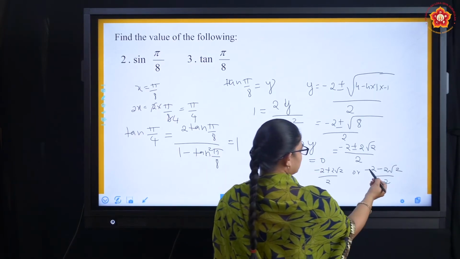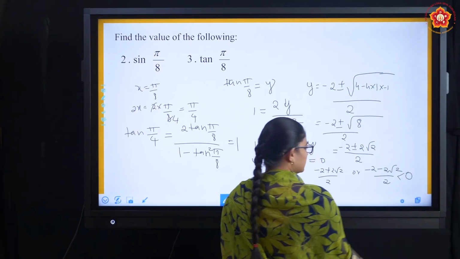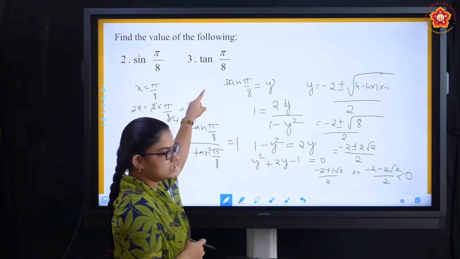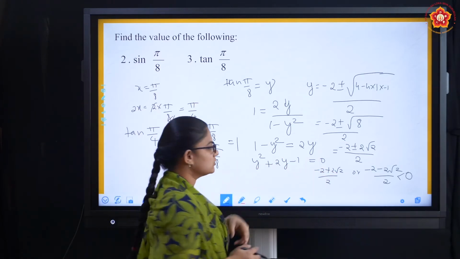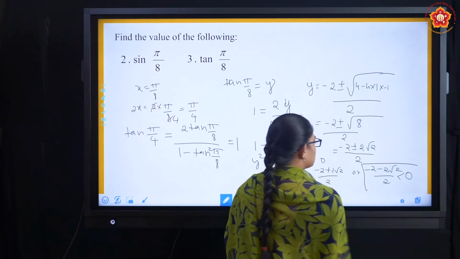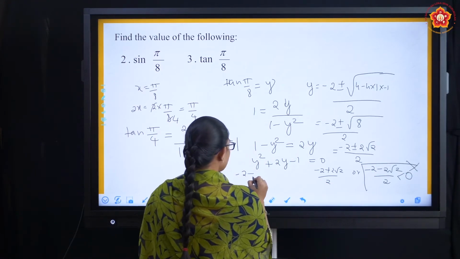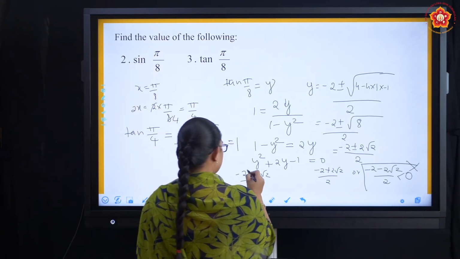Now we can see here, its value will be less than 0, right? This is negative value. But we can see here pi by 8 is in the first quadrant where tan is positive. It cannot take the negative value. So this value is not possible. So therefore we can take minus 2 plus 2 root 2 by 2, or I can take 2 outside and cancel them.